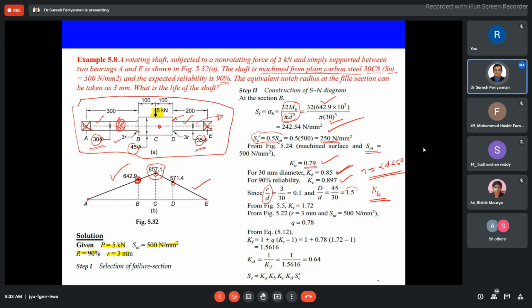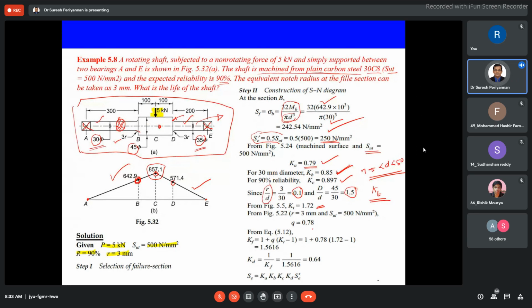Then this we know. If we know these two pieces of information, go to the stress concentration factor chart, which we discussed in the earlier classes. Then find out the Kt value. Kt value is 1.72. We know the Ka value, Kb value, Kt value.